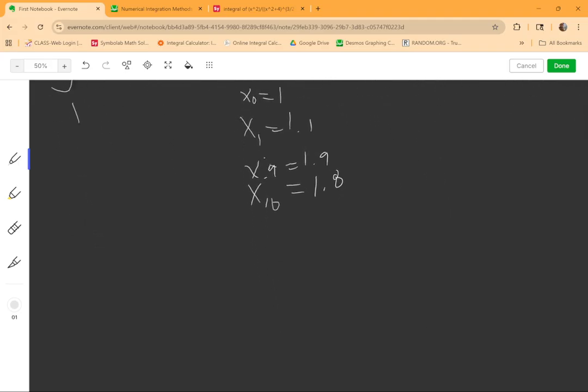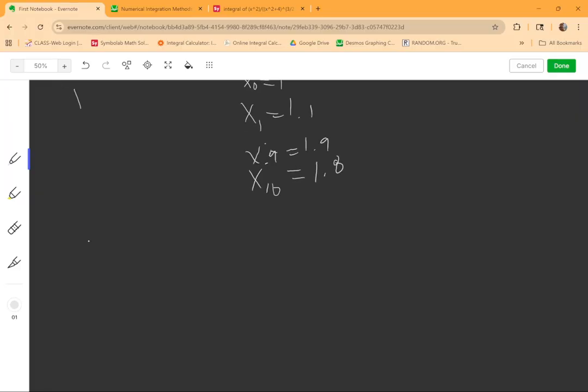So now approximating this integral using Simpson's rule, S sub 10 would be 0.1 over 3, delta x over 3.